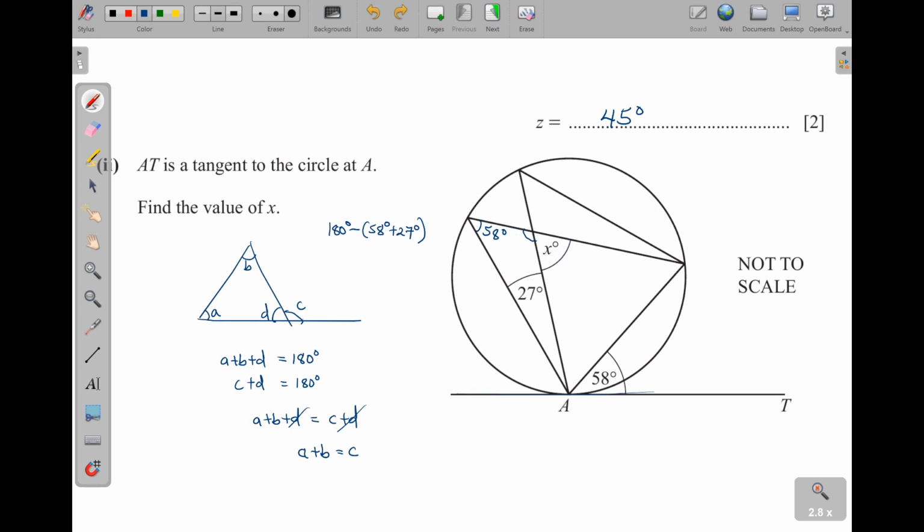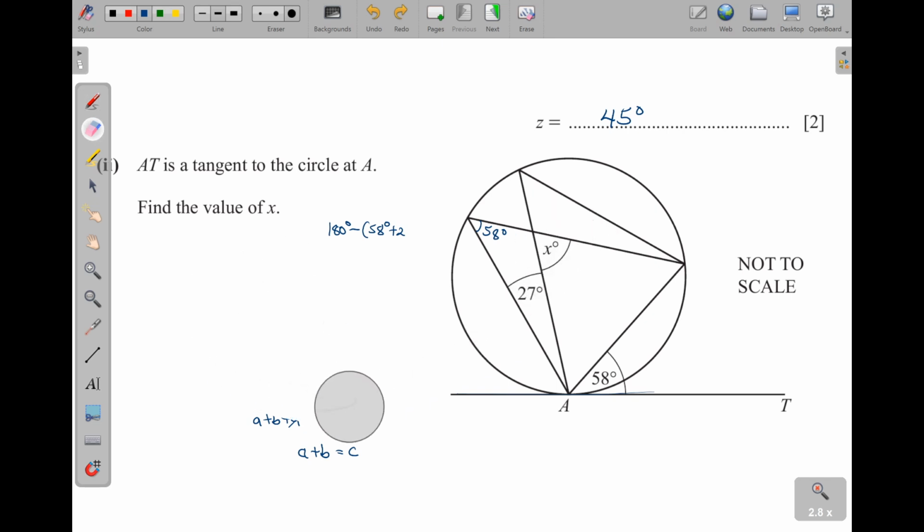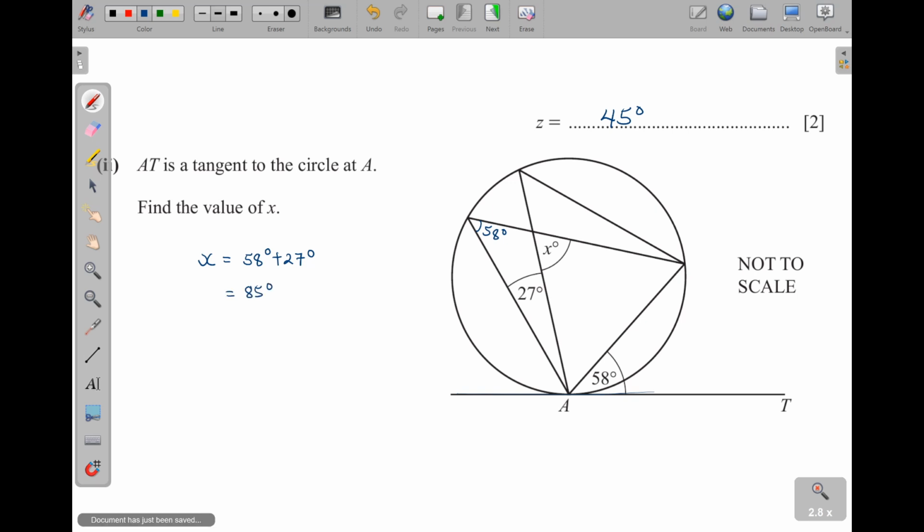But without wasting time with all of that, all you need to do is to use that exterior angle property. So x here is going to be equal to 58 plus the 27. And this one is going to give us 85 degrees.